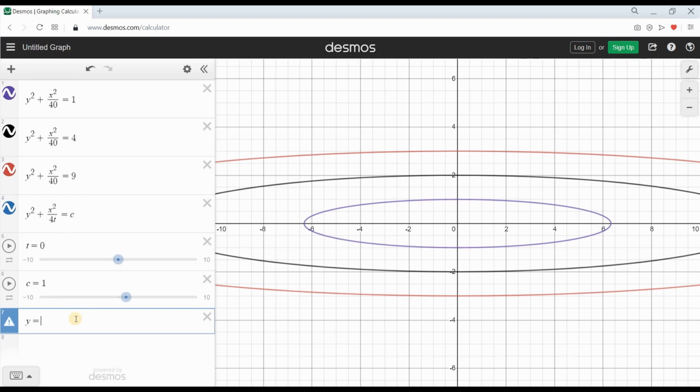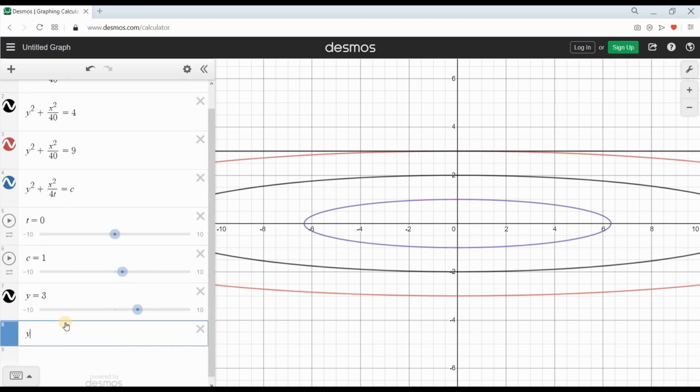For example, if you're talking about this case where y squared plus x squared over 4t was equal to 9, if t goes to infinity and x squared over 4t is negligible, then y is 3 and negative 3. The black line on top and the bold red line on the bottom. Basically, the ellipse is elongated along the x-axis so much that it becomes two parallel lines.